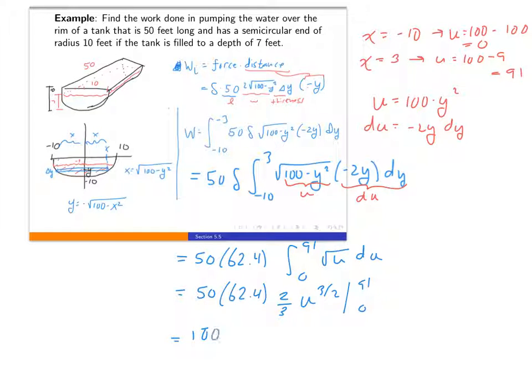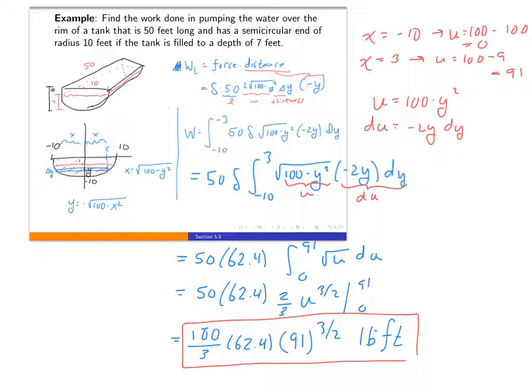So 100 over 3 coming from the 50 times 2/3 multiplied by 62.4, and then we'll have 91 to the 3/2. And when we plug in 0, we get back 0. And because of our units here in terms of feet, this is going to be pound feet of work. And this gives us our solution.